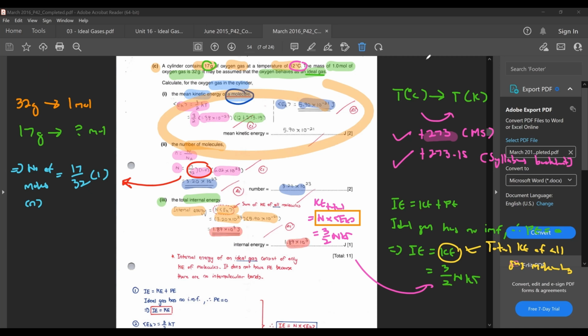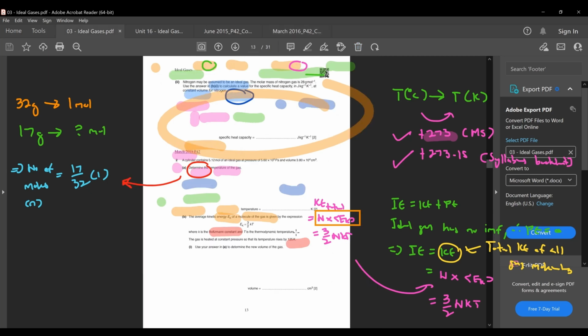Okay. So this one here, maybe I should just modify a little. This one is going to be N times Ek. It will be 3/2 NkT. Okay. So this is how you would get your answer here.